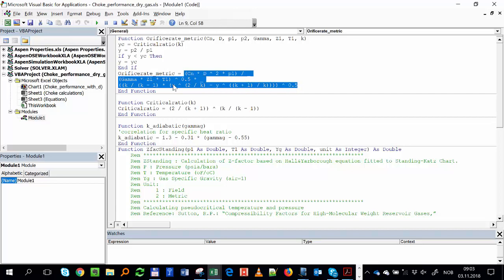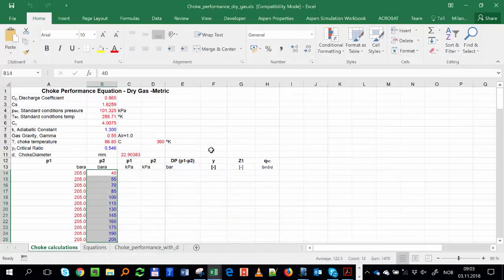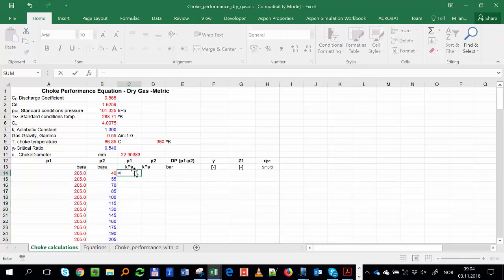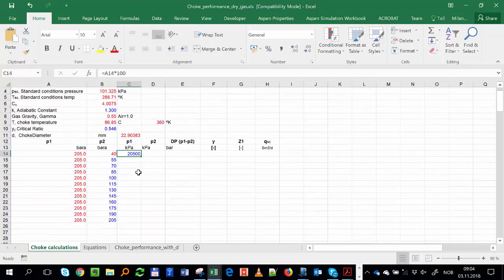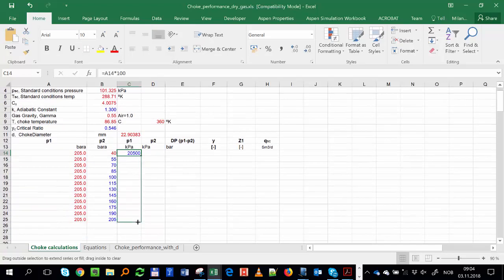Let's use that equation, but it takes the input in kilopascals, so I have to change first from bar to kilopascal. That will be this guy times 100, to go to kilopascal. Then I drag it here, and also drag it down.